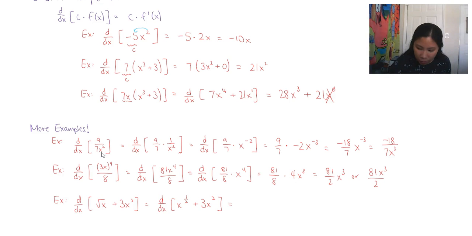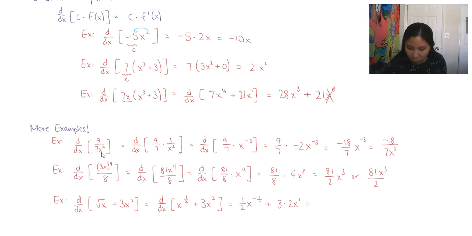So now I can use the power rule. X to the 1/2 power, I'm going to bring the exponent out front and then subtract 1, because 1/2 minus 1 is negative 1/2. And then with the 3x squared, I've got a constant of 3, and then multiply that with the derivative of x squared, which is 2x to the 1st power.